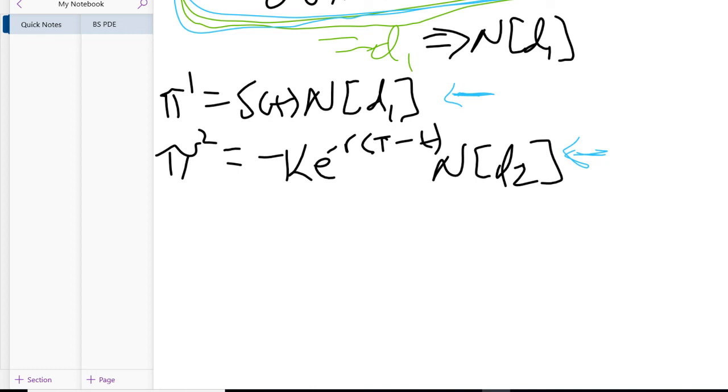But the more important point is that the way we split it up in the beginning, we said that pi, the full price of the option, is equal to the sum of those two. Well, what do you know? That means that pi must be equal to S_t N(d1) minus K e to the negative r (T minus t) times N(d2).